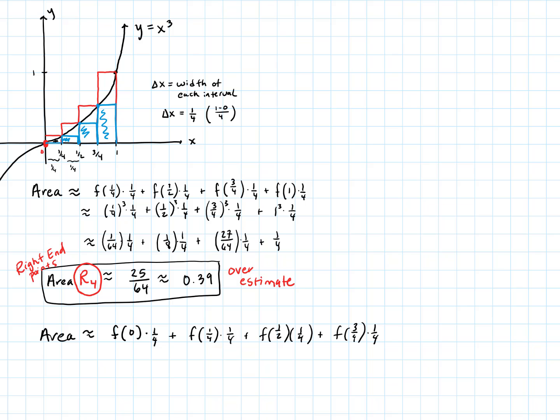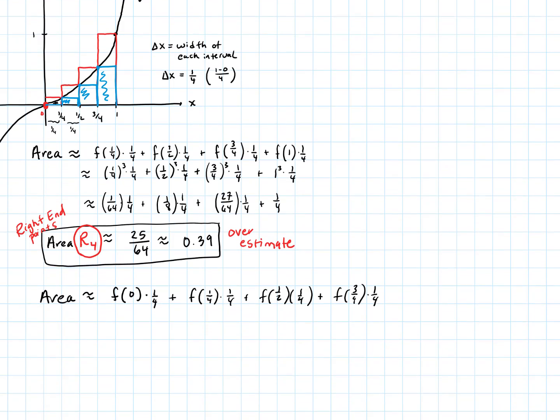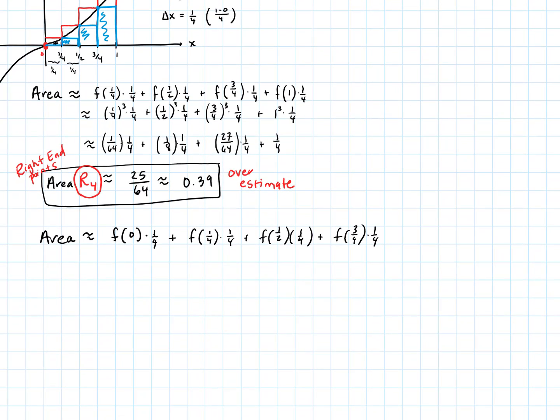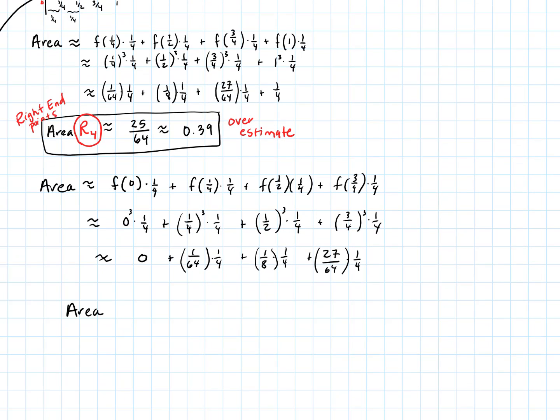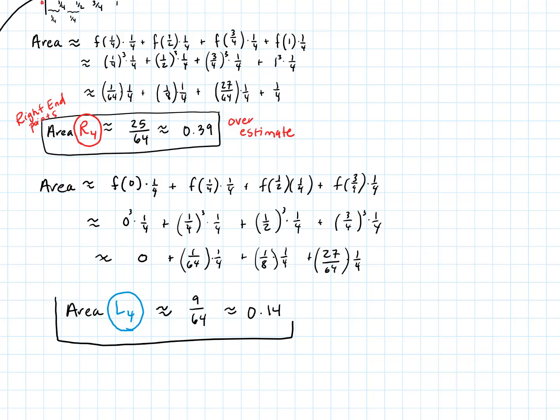And I'm going to go ahead and calculate all of those. I'll speed up the video so you don't have to watch all the calculations, and we'll come up with an estimate using the left-hand endpoints. Okay, so now we've calculated the area using the left-hand endpoints.